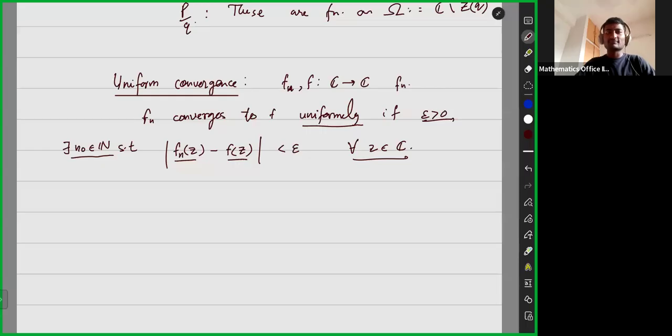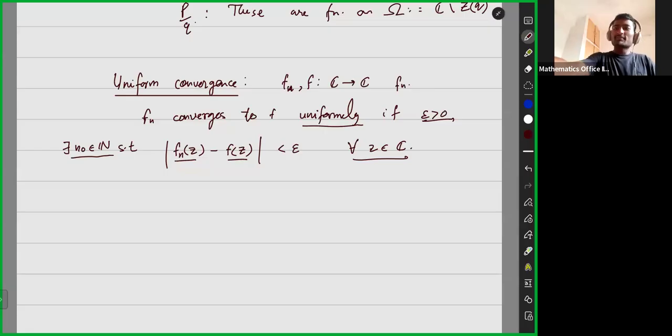And suppose for every epsilon and every z, there exists an n naught of epsilon and z, then it means pointwise convergence. Right. If you get a common n naught, we say uniformly. If it depends on z, on what point you take, we say it is pointwise convergence. Okay, you understood properly. Good.